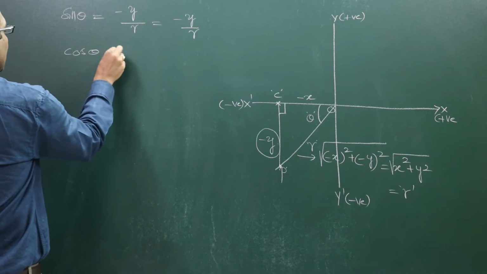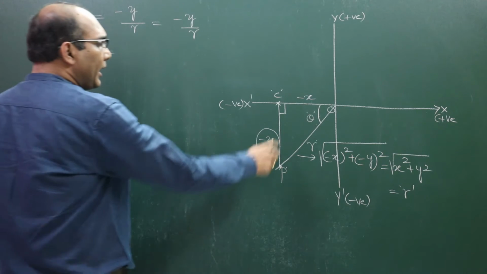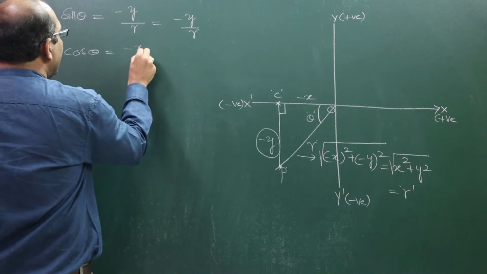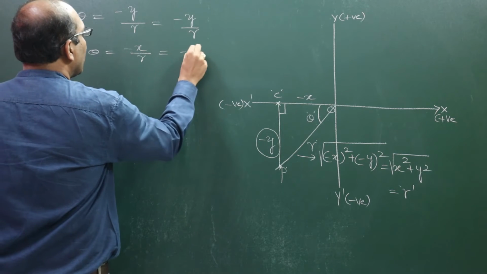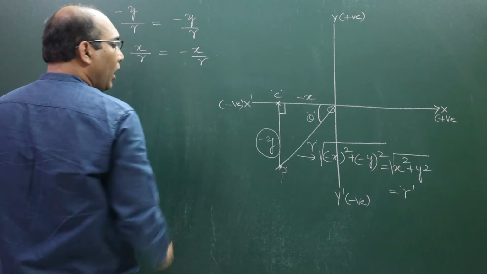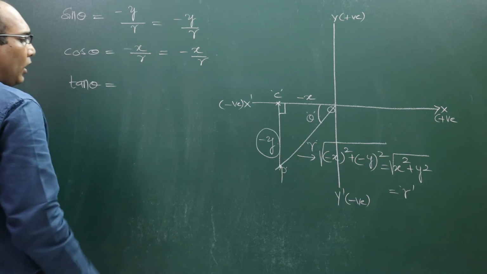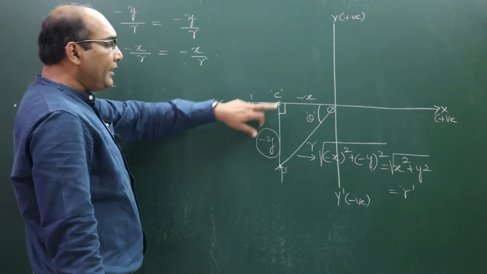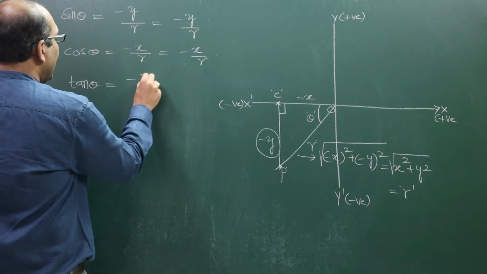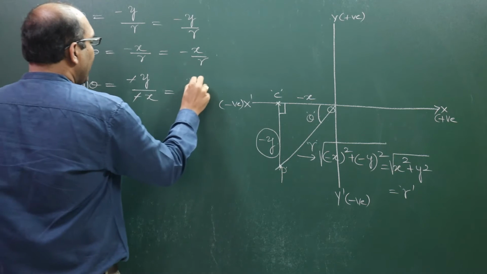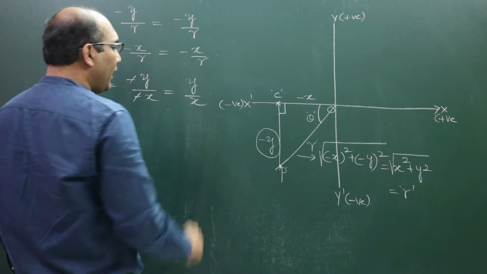Cos theta is equal to adjacent side by hypotenuse, that is negative x by r. Now what about tan theta? Tan theta is equal to opposite side by adjacent side, that is negative y by negative x, which will become positive y by x.